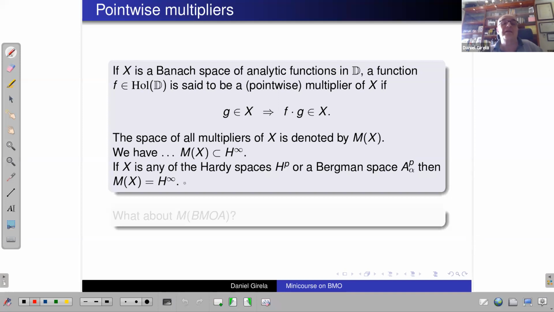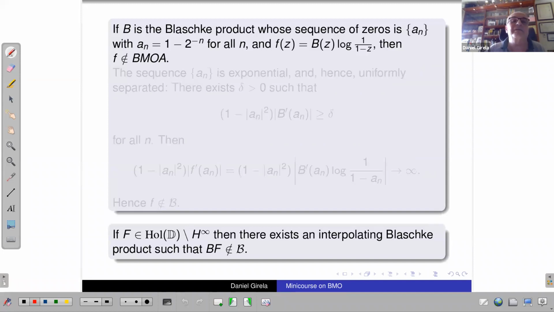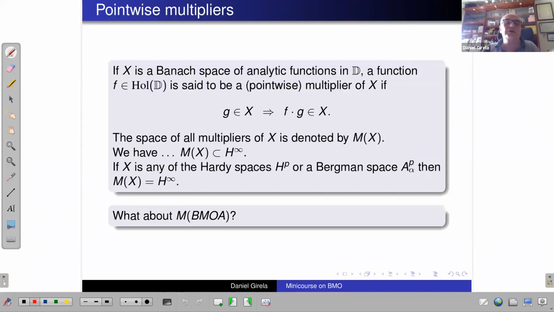And then we can think about VMO, which is what I said in the beginning. More than considering the general question, let's start with Blaschke products. We know that all Blaschke products lie in VMO. But if we multiply a function in VMO by a Blaschke product, can we say something?